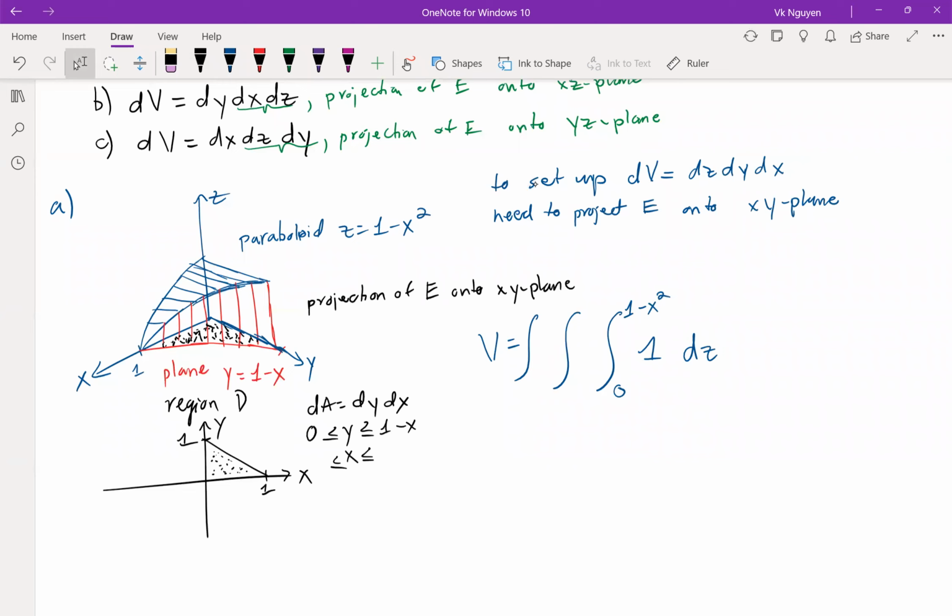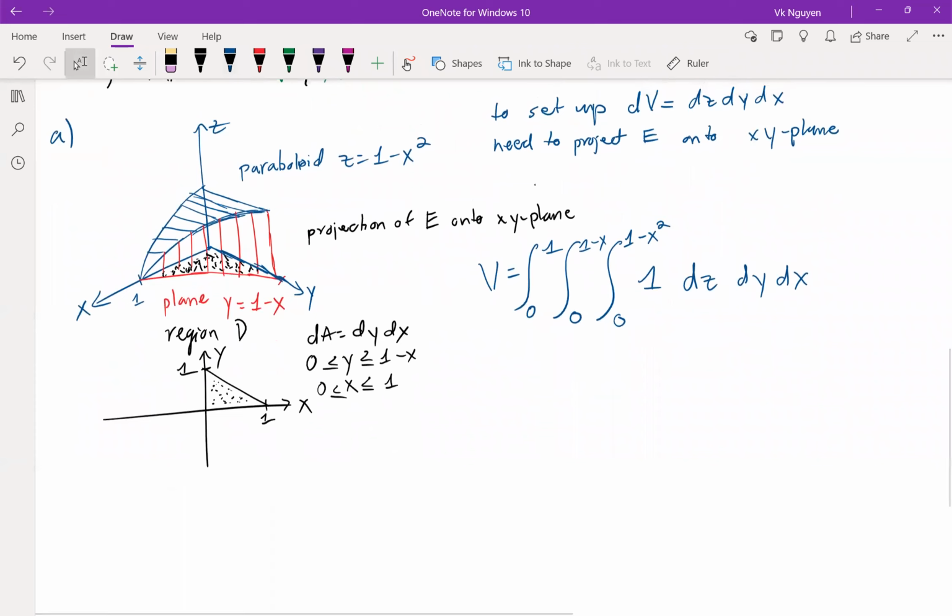And then x goes from 0 to 1. So dy dx, 0 to 1 minus x, 0 to 1. There's the setup here, a different setup. Now B.